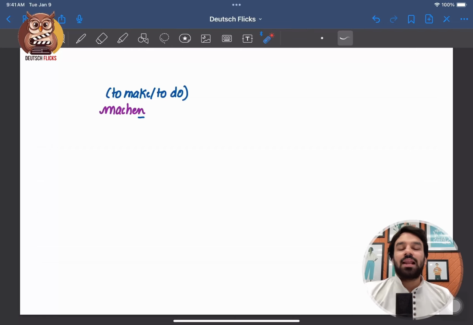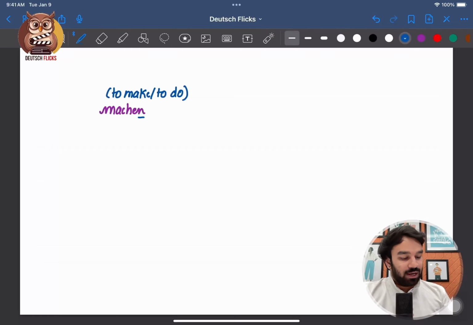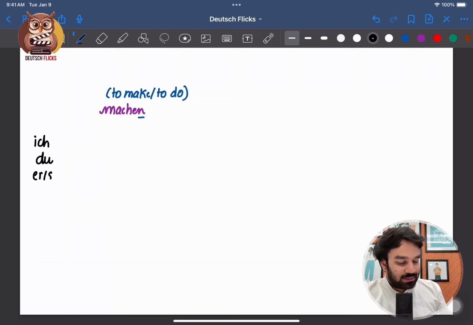Also, in the last episode, we saw the personal pronouns. What I'll do is I'm gonna write all the personal pronouns in sequence. So we have ich, du, er, sie, es. I'm writing them together. Then we have wir, ihr, sie, sie.